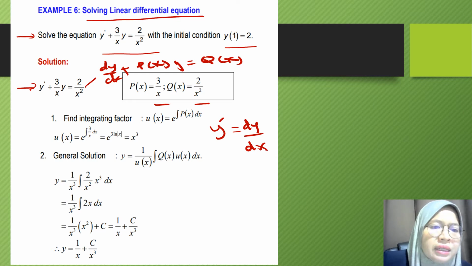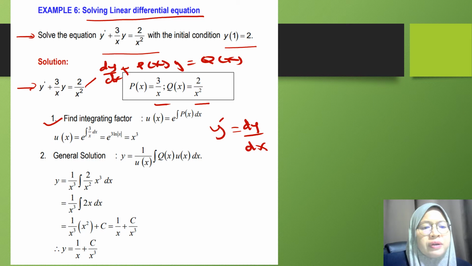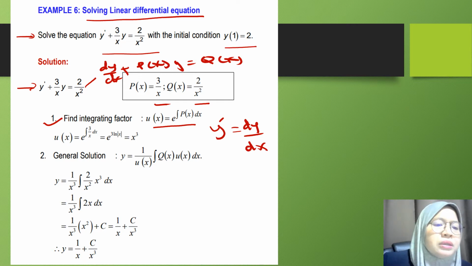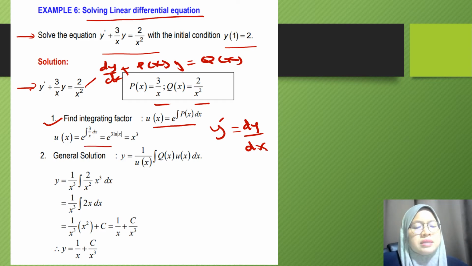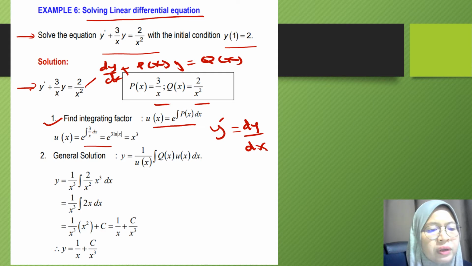Since it is a linear differential equation, we can use two steps to find the general solution. The first step is to find the integrating factor, based on this formula: the exponent of the integral of p of x dx. In this example, our integrating factor is the exponent of the integral of 3 over x dx, which is equivalent to the exponent of 3 natural log of x.